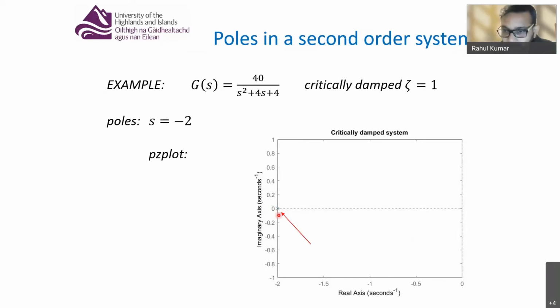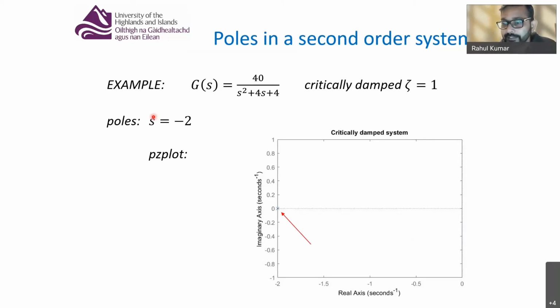and when the system becomes critically damped, they kind of merge. The point that I'm going to make here is this value of pole is not a single value. Essentially, it is two poles which are overlapping each other, right?